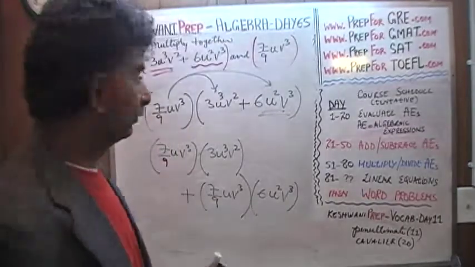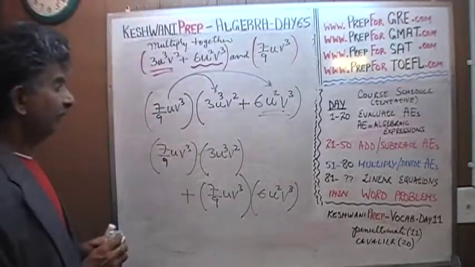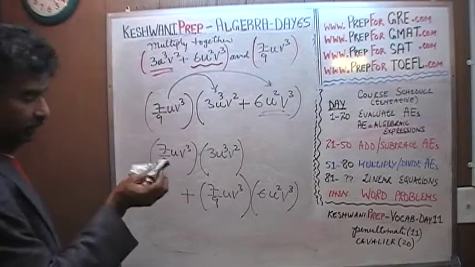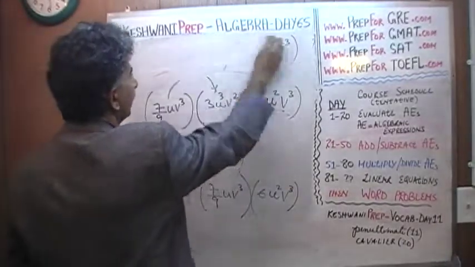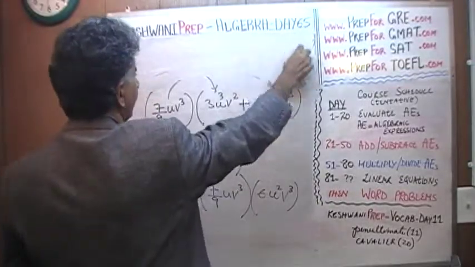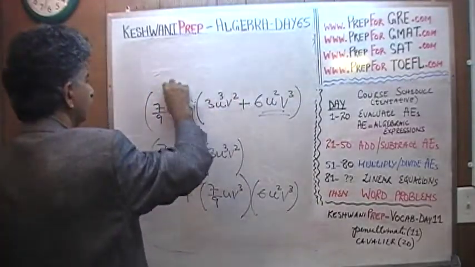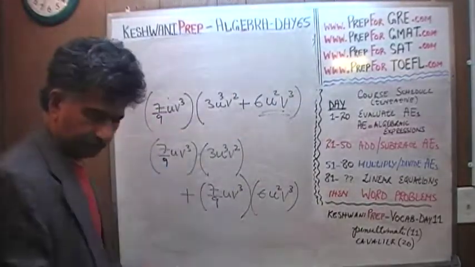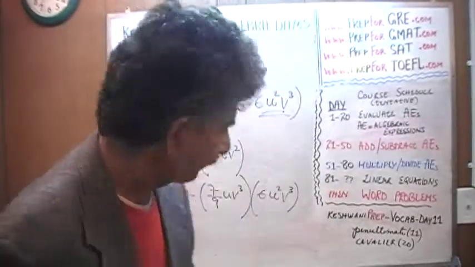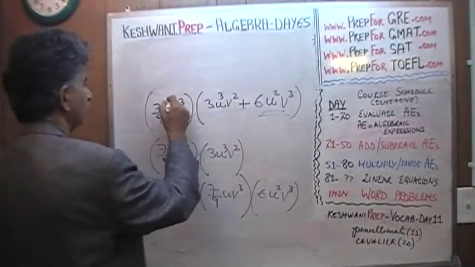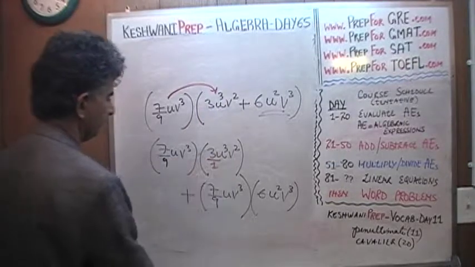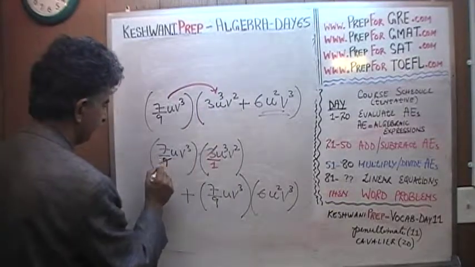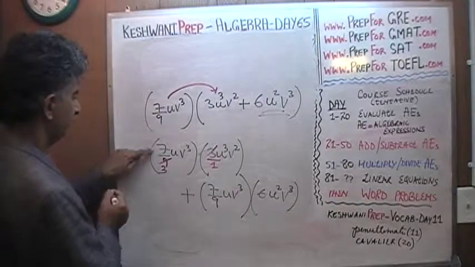Since I need the room, I need to erase the top part. We don't need any of this anymore, so we're going to get rid of it so we can evaluate it. I'm going to put the answer on the top. This times this, and this 3 is just 3 over 1. This 3 is going to cancel out with this 9, making it 3.